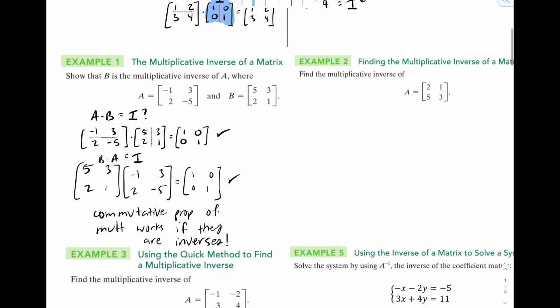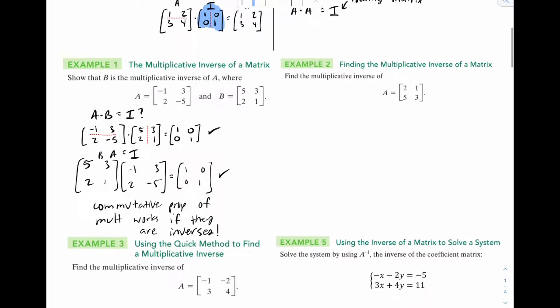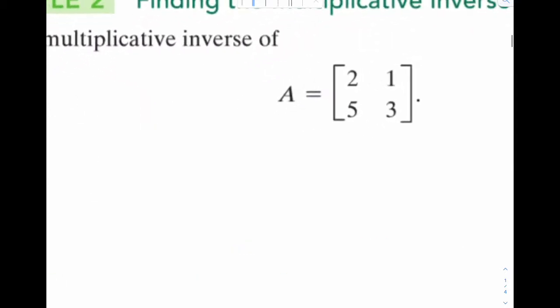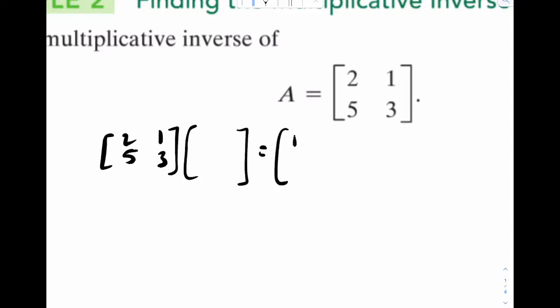So now let's actually find it. It says find the inverse of that given matrix. So there's a lot of ways of doing it. I'm going to show you the most basic way. So 2, 1, 5, 3, and we want to figure out some matrix, and our goal is to get to 1, 0, 0, 1.